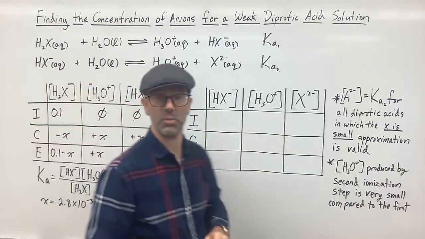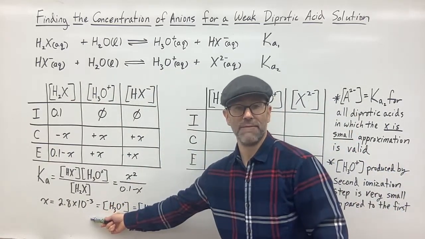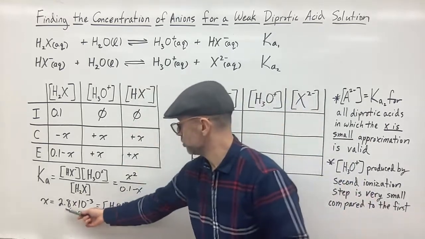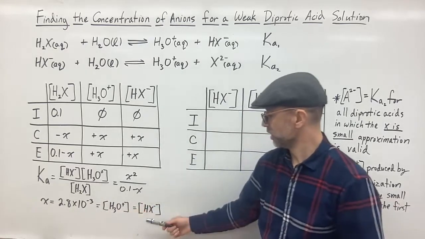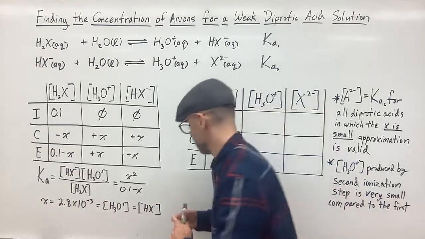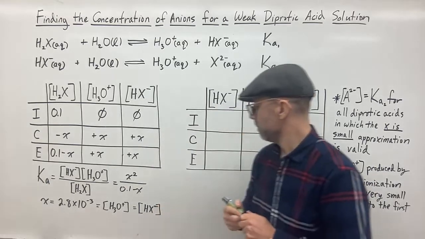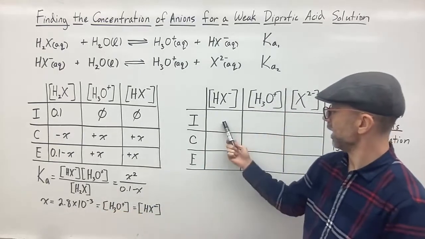Well, those are going to be the equilibrium conditions that I got for my first ionization reaction from here. Since X is 2.8 times 10 to the negative 3, and that's your H plus concentration and your HX minus concentration, I'm going to put that in for H plus and HX minus.